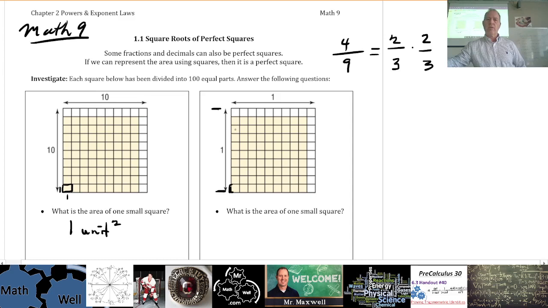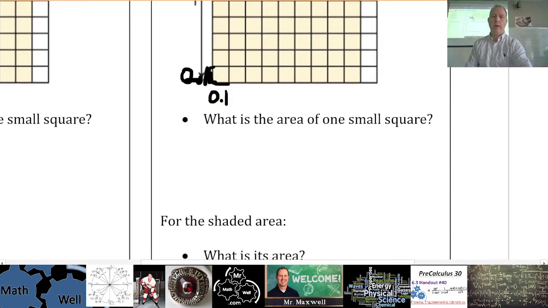How many are there? 1, 2, 3, 4, 5, 6, 7, 8, 9, 10. So this is 1/10. Okay, so this is 0.1, and this side length is 0.1 as well. So if I zoom in there, we have 0.1 by 0.1. So what's the area of one small square there?